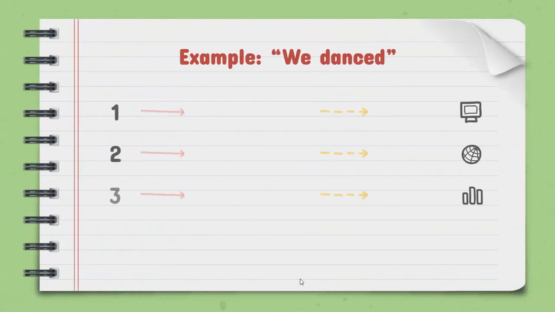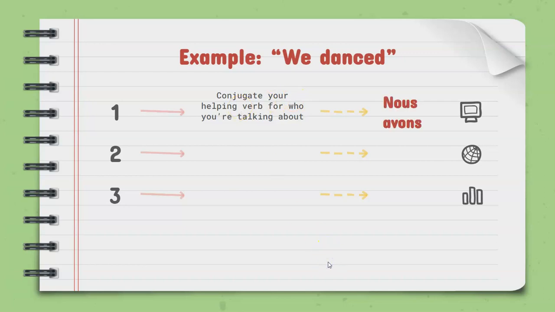Let's take a look at some examples because seeing it put together I think is the most helpful but also the most challenging step. So say we wanted to say we danced and we want to do it in passé composé, past tense. We're going to first conjugate our helping verb for who we're talking about. Let's use nous as an example here. So we'll say nous avons. We start with avoir and we make it into our form for nous.